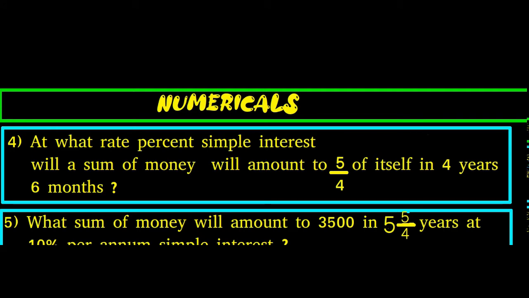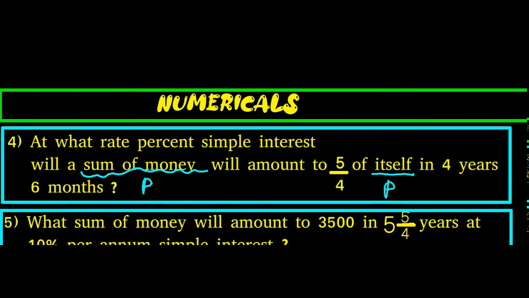So friends, when the sum says a sum of money, it means principal. At what rate percent simple interest will this sum of money, this principal, amount to 5/4 of itself.